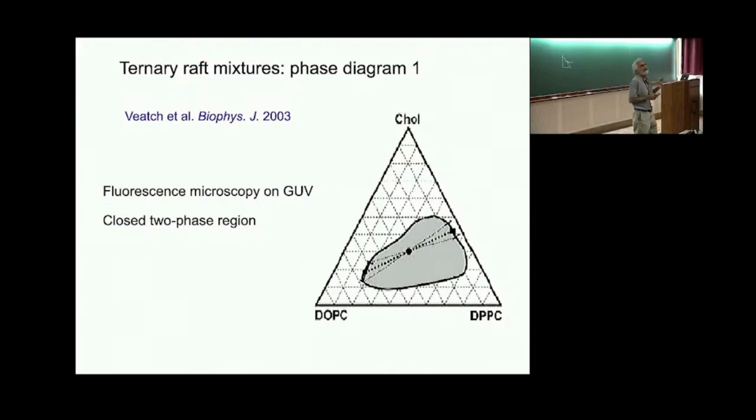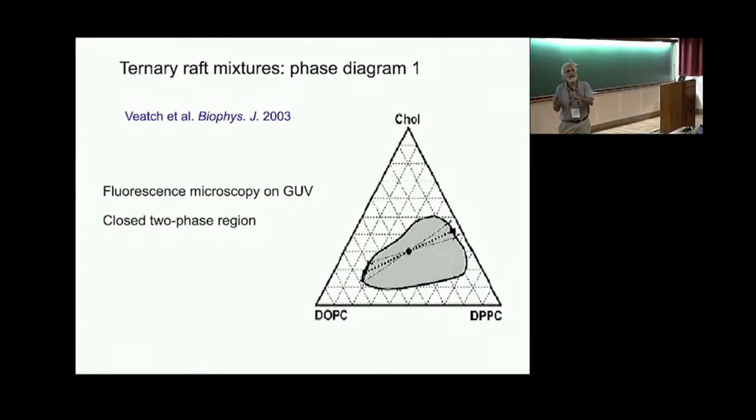One is made up of a lipid with a high chain melting transition temperature, the other made up of a lipid with a low chain melting transition temperature, whereas the cholesterol concentration in the two may not be very different. One is relatively richer than the other, but the difference in the cholesterol concentration is not very high. This phase diagram was determined using fluorescence microscopy on giant unilamellar vesicles.